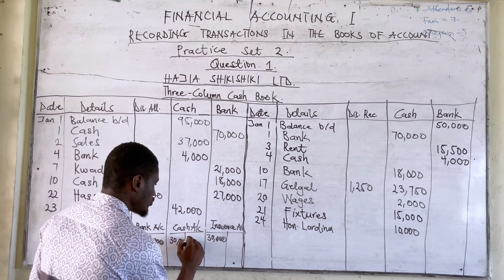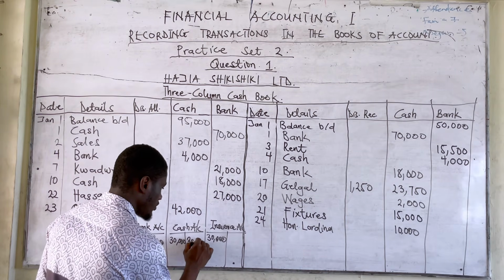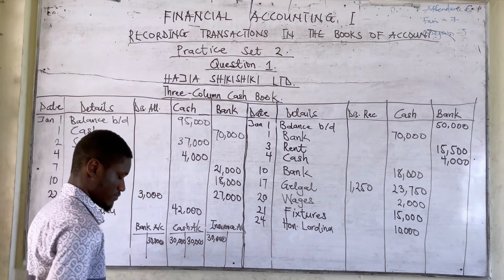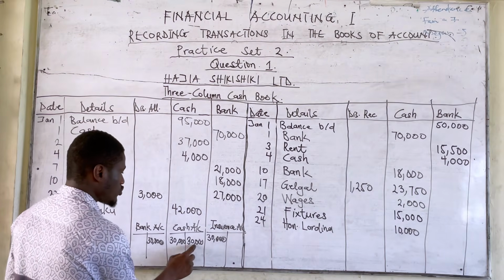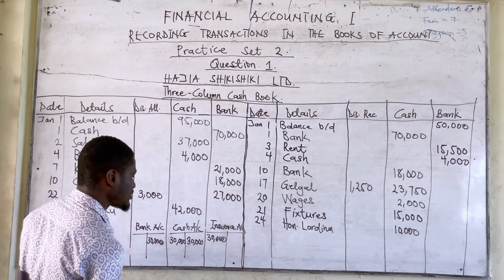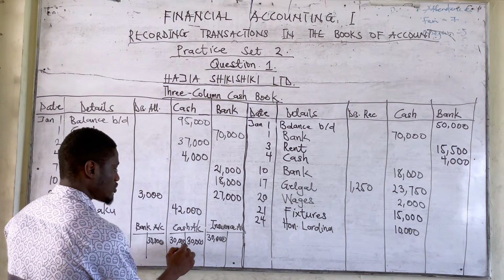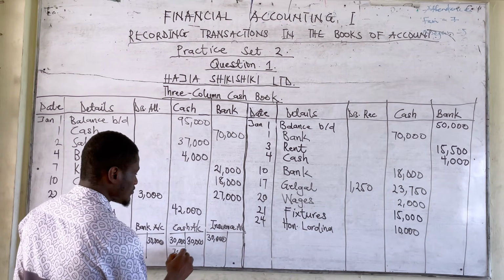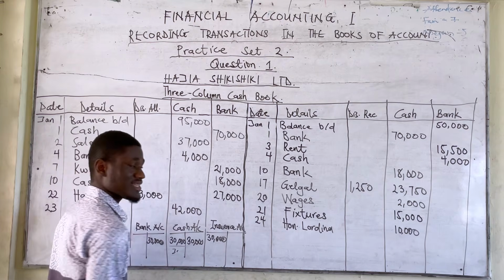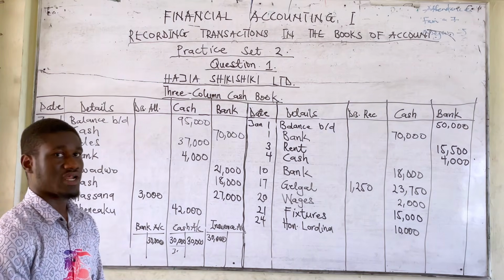Now we've also transferred that 30,000 to pay premium. So when you balance this account, you are going to get zero. So there's no amount left here in the cash account for this particular transaction.